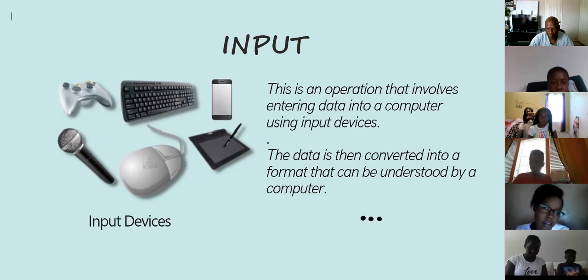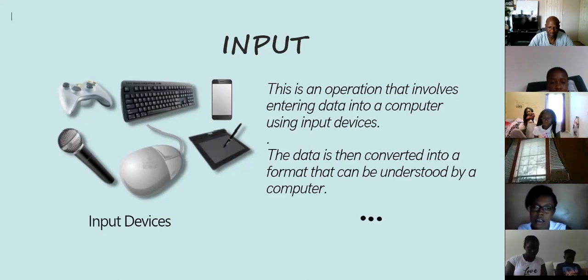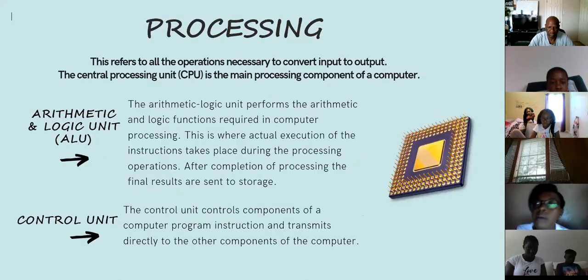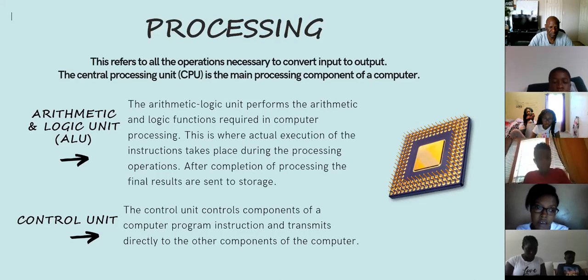When you go to a recording studio, you can speak into the microphone, like those big microphones that people use to record. And then we have others: the keyboard, the touch screen on your phone, the keyboard on your phone, a mouse and a stylus, and the joystick that you use to play games with. So that is input. Processing, we mentioned quite a bit, where we said that what basically does the processing is the CPU. And inside the CPU, we have the arithmetic and logic unit.